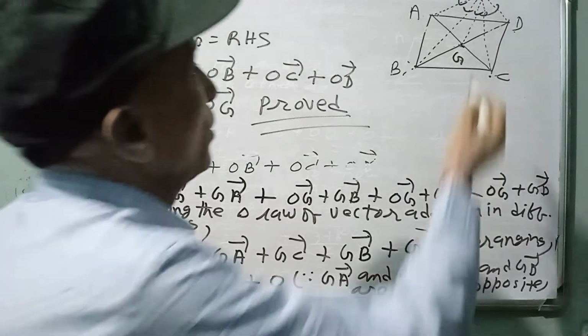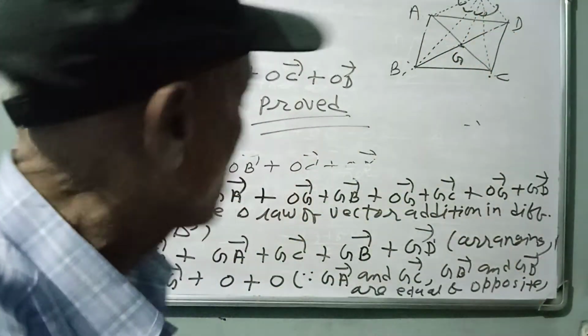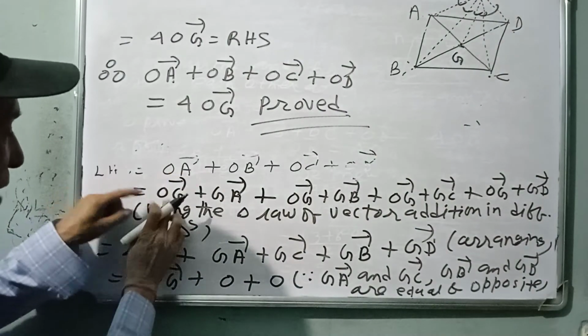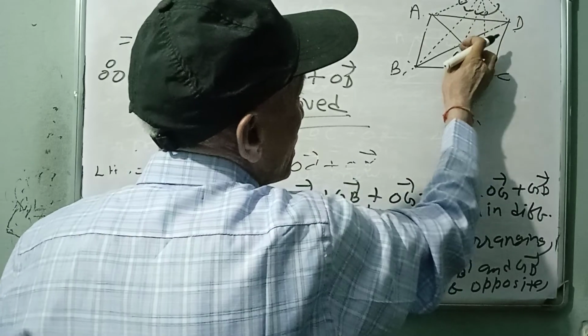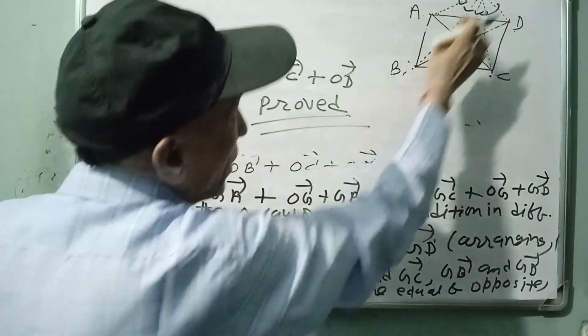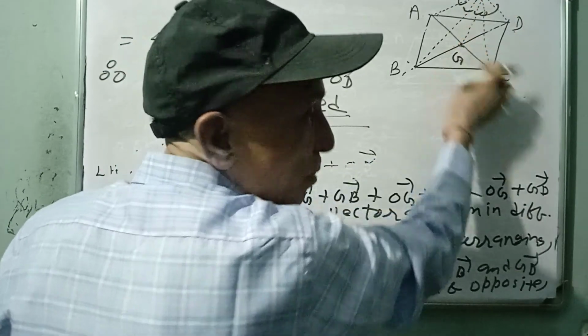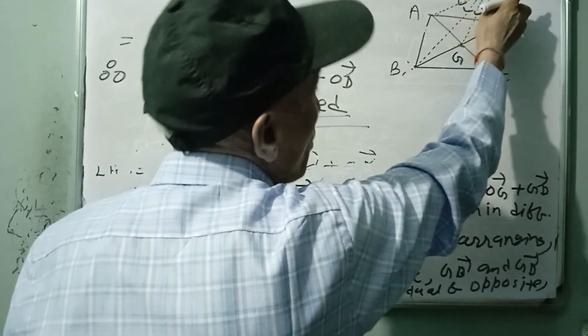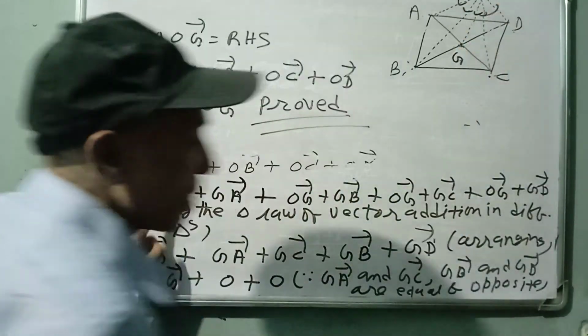Left hand side, OA plus OB plus OC plus OD. OA is OG plus GA. OB is OG plus GB. OC is OG plus GC. In the same way, OD equals OG plus GD.